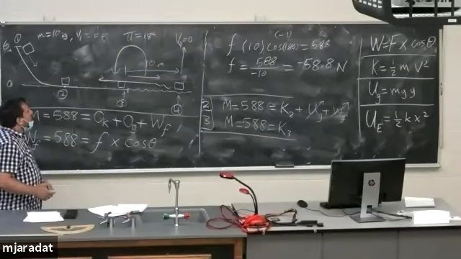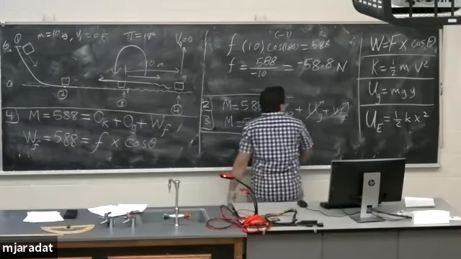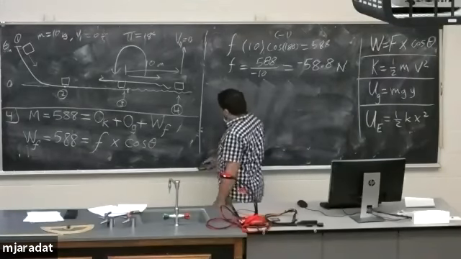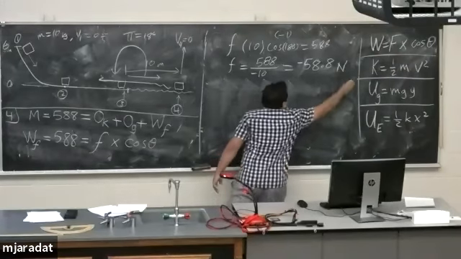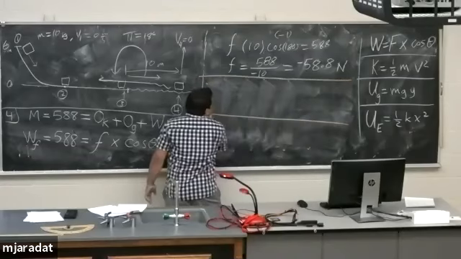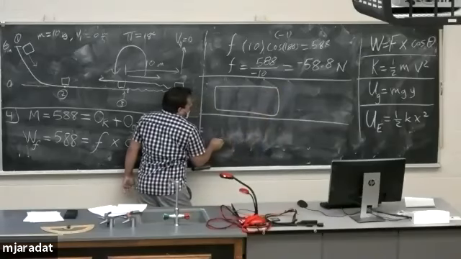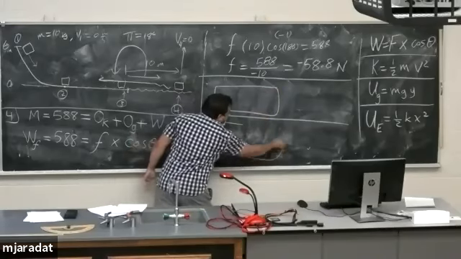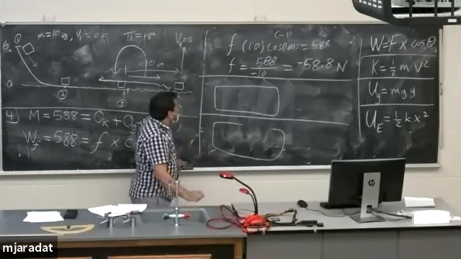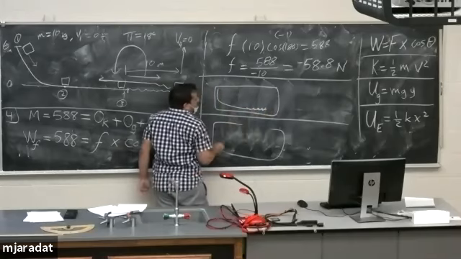Now, if I need to teach you something, if we have two systems, this is the first system, and this is the second system. And this is our system. This is the frictional force.